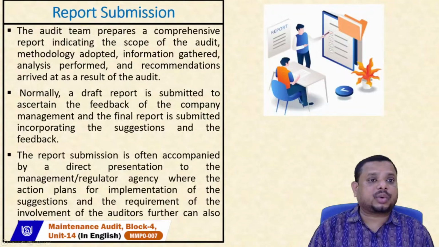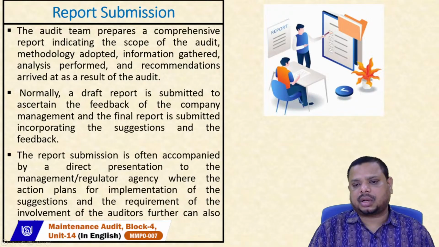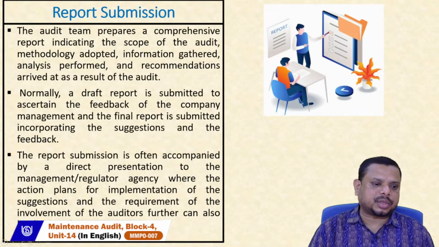Moving to the next one, the next one is report submission. So the audit team prepares a comprehensive report, shortly known as a draft report, indicating the scope of the audit, methodology adopted, information gathered, analysis performed, and recommendations arrived at as the result of the audit. Normally a draft report, as I told, is submitted to ascertain the feedback of the company management, and the final report incorporates the suggestions and feedback.